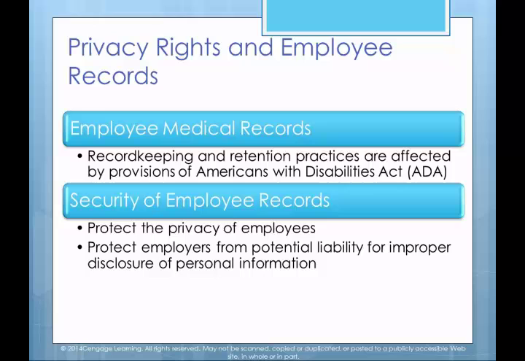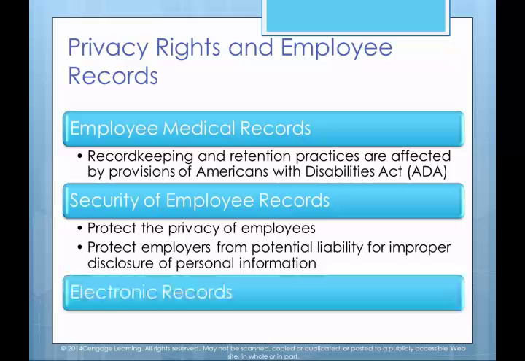And these restrictions and procedures are designed to protect the privacy of employees and protect employers from potential liability for improper disclosure of personal information, such as employee social security numbers, personal addresses, and so forth.